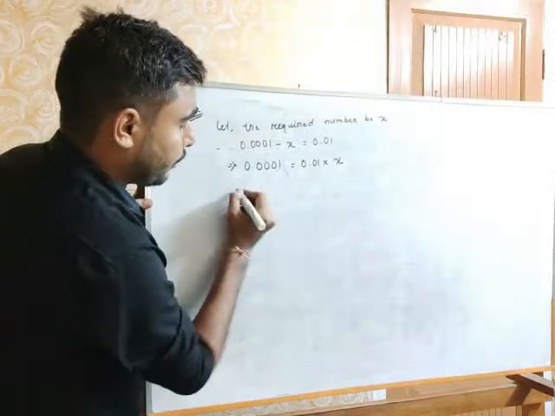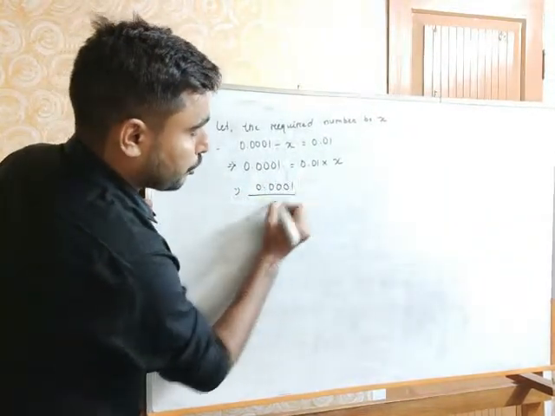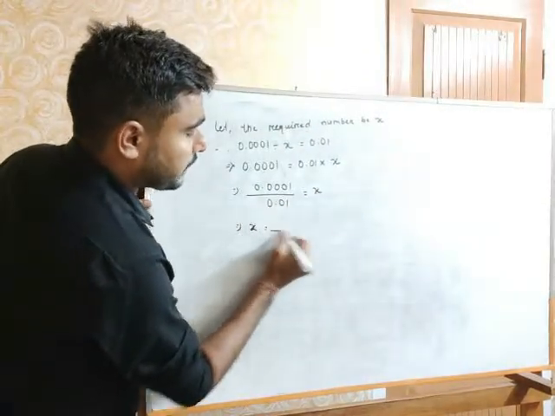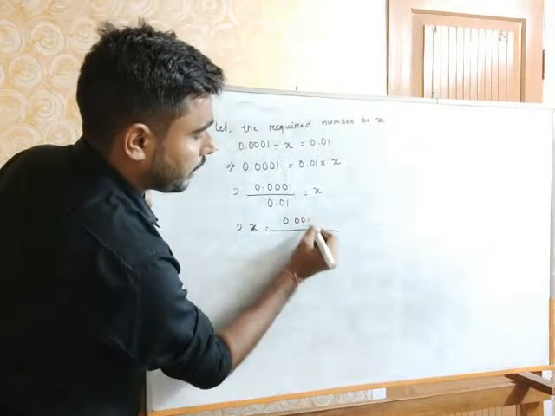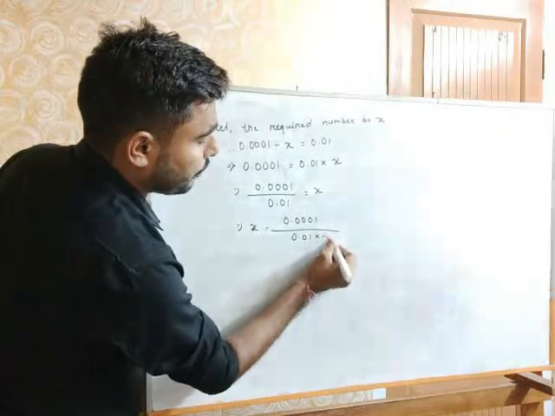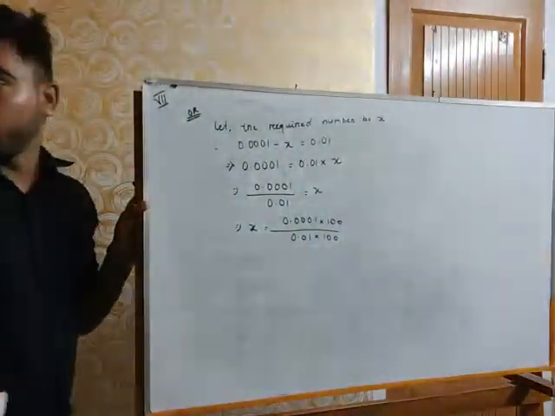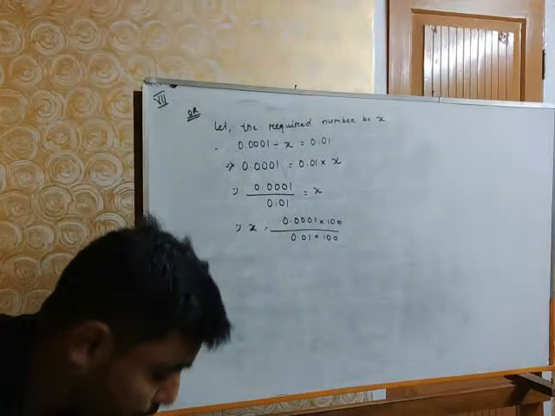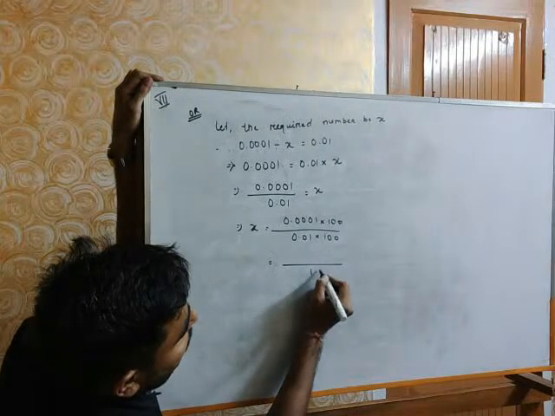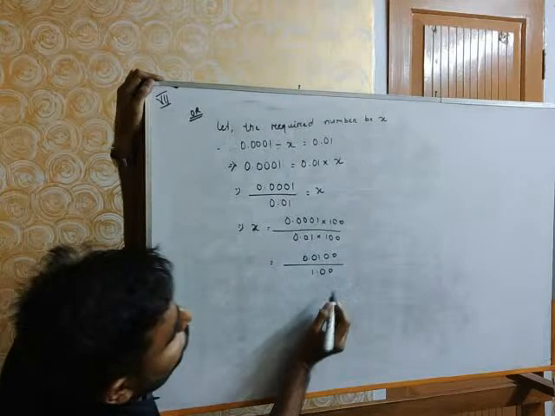I need to find the value of x, so x is equal to 0.0001 divided by 0.01. Multiply by 100 below because after the decimal there are two places, so it will become 1.00 and it becomes 100.